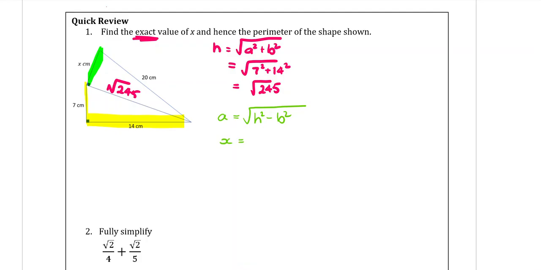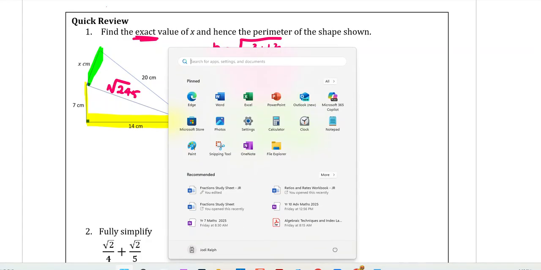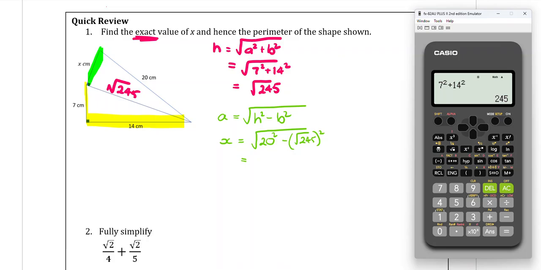We're going to say x equals, the hypotenuse is 20, so 20 squared minus the square root of 245 squared. Okay, now again we want this exact, so let's just put in the part underneath the square root sign. So 20 squared minus bracket square root of 245 squared.